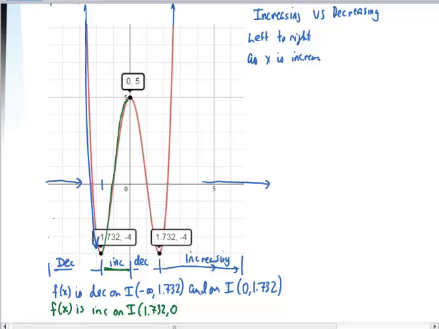Oh, not 0, that was negative 1.732. My marking kind of masks that, so I've got to make that correction there. And that means that has to be negative 1.732 to 0. I apologize. And on the interval from 1.732 here to infinity.